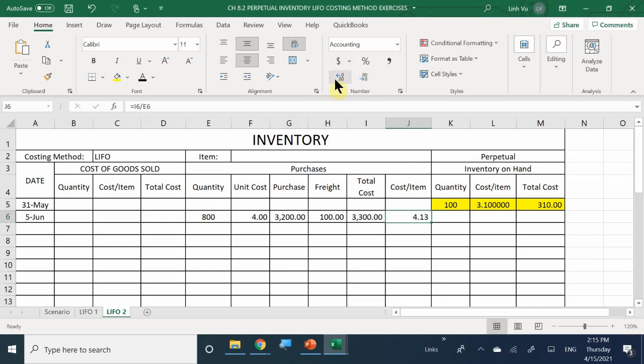Remember, we need to be extremely cautious and careful with this one because we're dealing with half a penny. You can round your cost of goods sold, but at the same time, you can also round up your inventory on hand.